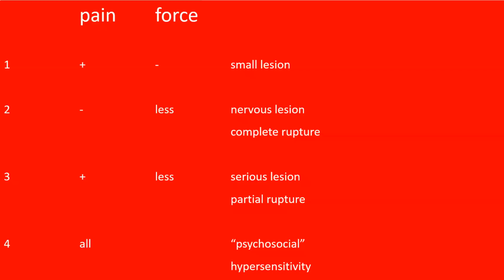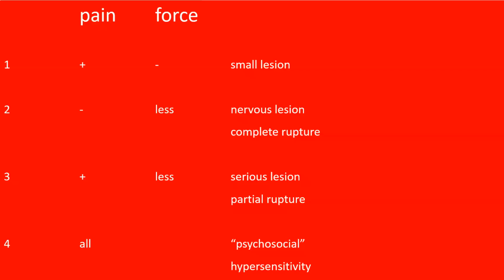We can connect that with a nervous lesion, mononeuritis for instance, or a complete rupture. The third option is a combination of pain during the resisted test and weakness. Your first idea is going to be a partial rupture. But of course, serious lesions like fractures and metastases also are an option.